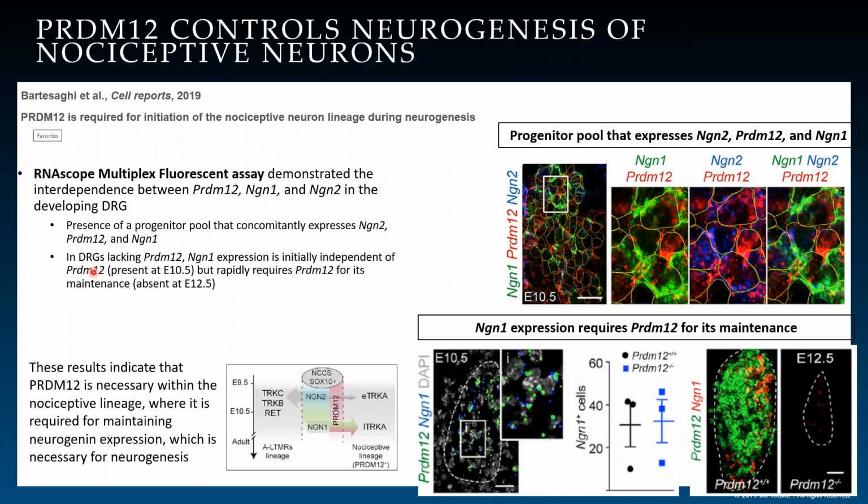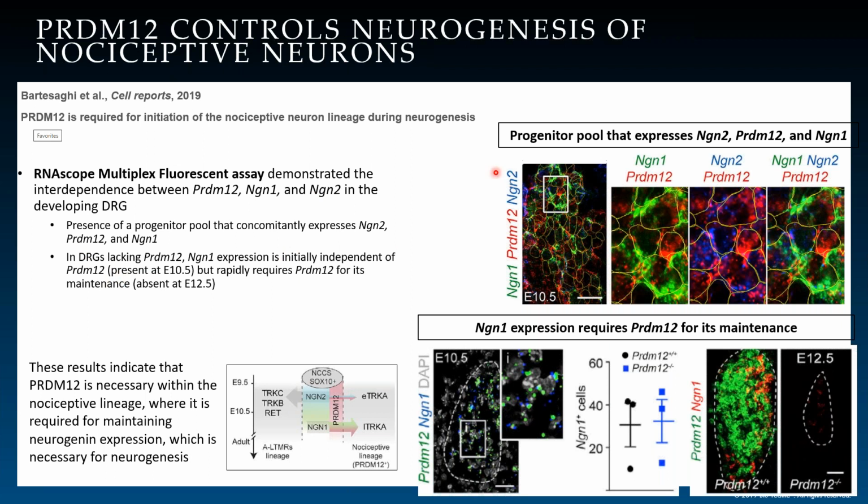Finally, they wanted to understand the role of this target in homeostasis of nociceptive neurons, and they utilized the RNAscope multiplex assay to demonstrate that targets such as neurogenin 1 and 2, which are important in maintenance and neurogenesis of nociceptive neurons, are regulated by PRDM12.